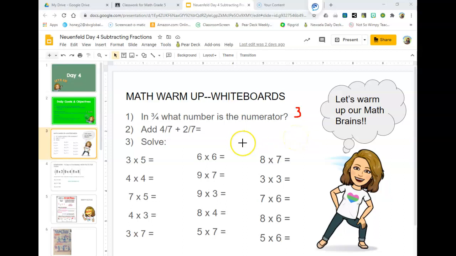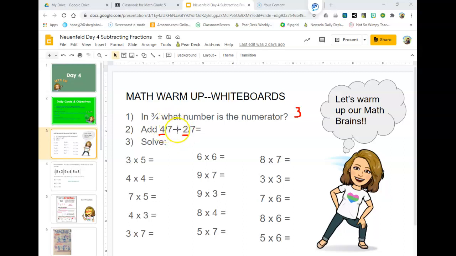Number 2, add 4/7 plus 2/7. Please pause this video, take a minute, and solve that problem. Remember when we did this yesterday, we started by adding the top numbers or the numerators together. And in this case, the numerators are the 4 and the 2.